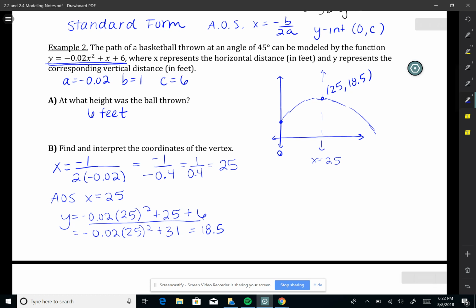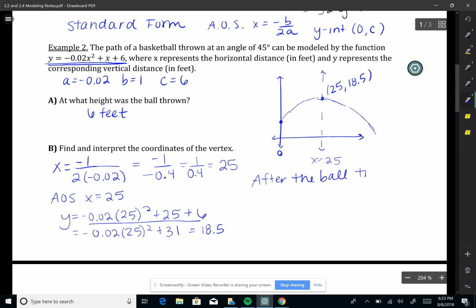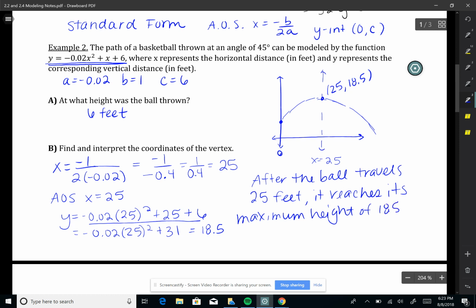Well, what this means is, since our x-axis represents the horizontal distance in feet, it means that after the ball has traveled 25 feet, so I'm going to say after the ball travels 25 feet, it reaches its maximum height of 18.5 feet. So our vertex gives us our maximum, or our minimum if it was a different situation.